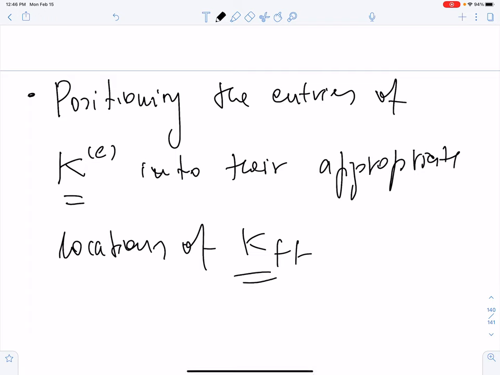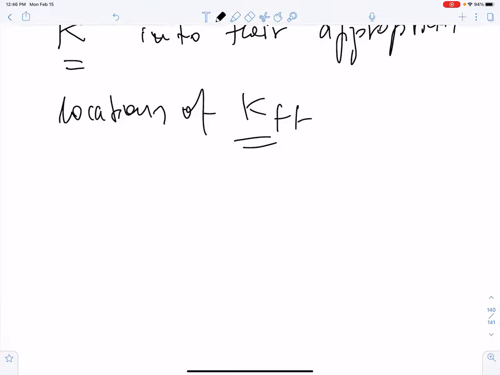And so then you can bypass the multiplication by ABFs by devising the right algorithm, where you start with the element stiffness matrix, find their corresponding locations in the structure stiffness matrix and directly assign those values. Okay, so how do we proceed from here?